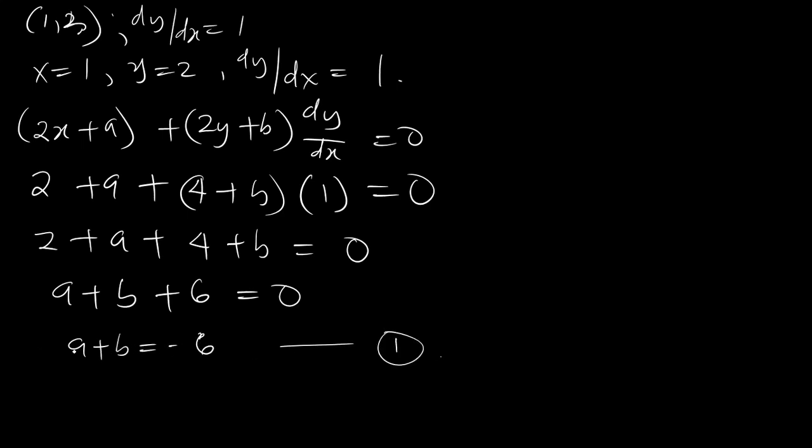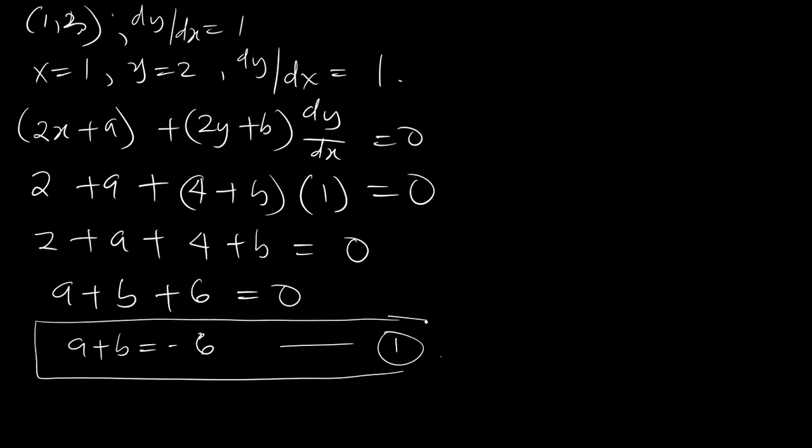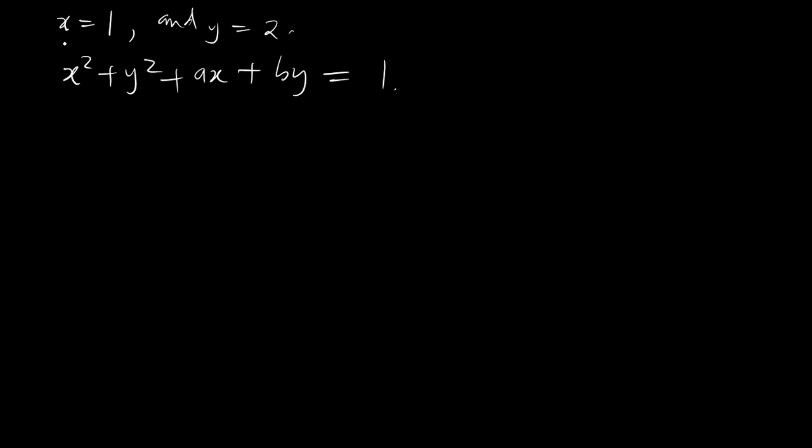Let's call this equation 1. Now, since the coordinate x equals 1 and y equals 2 is on the curve x squared plus y squared plus ax plus by equals 1, we substitute x equals 1 and y equals 2. So 1 plus 4 plus a plus 2b is equal to 1.